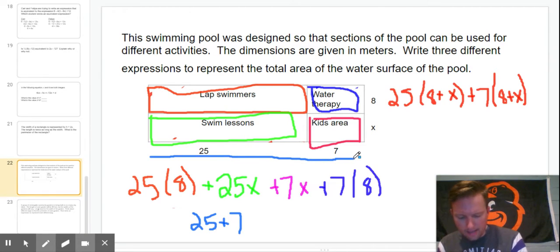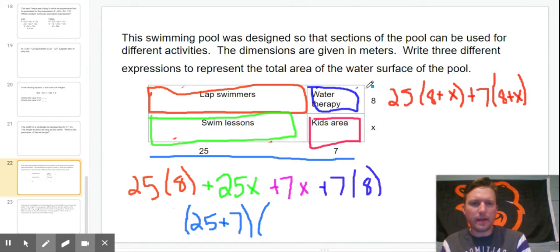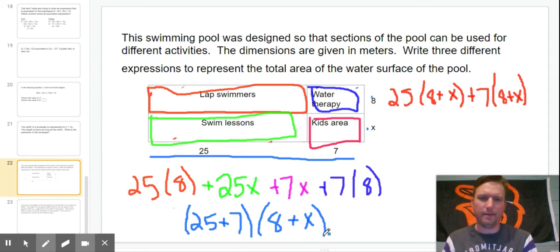And then you would multiply that times the width, which would be 8 plus x. That would give you length times width, which would find the area. So you would take this side times this side. Now you have 1, 2, 3 equivalent expressions.